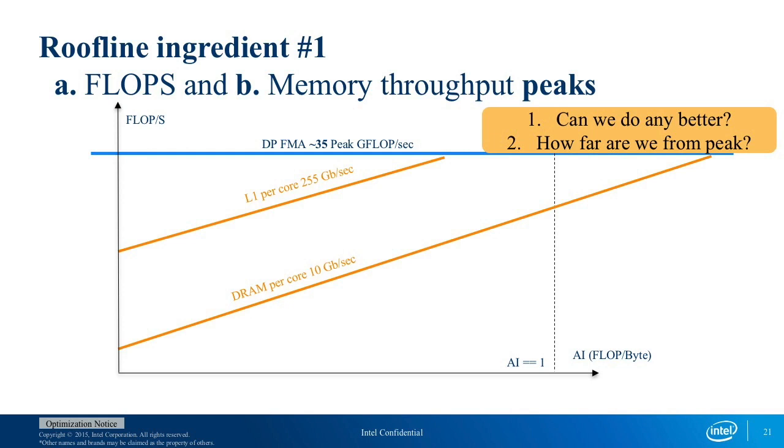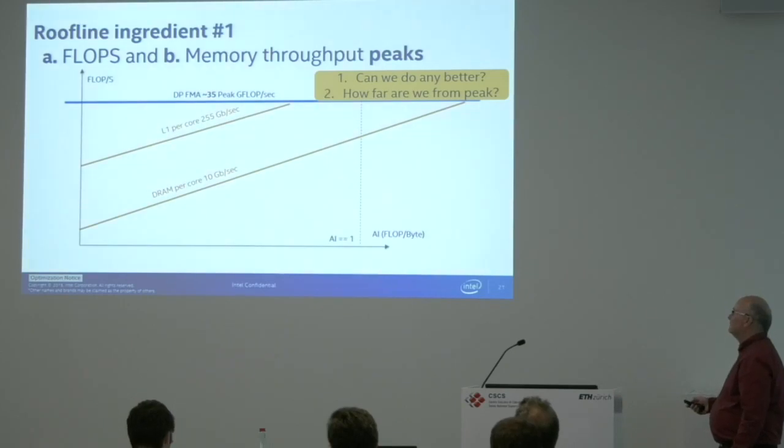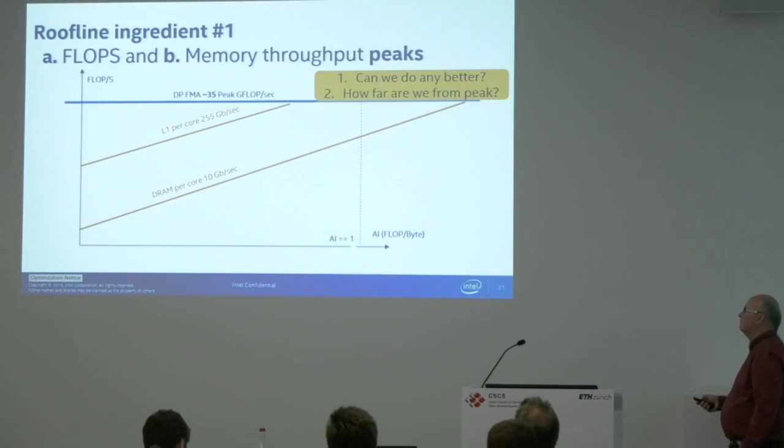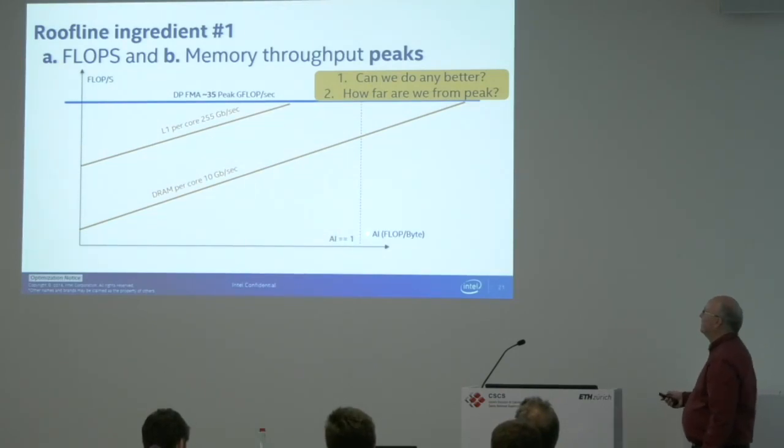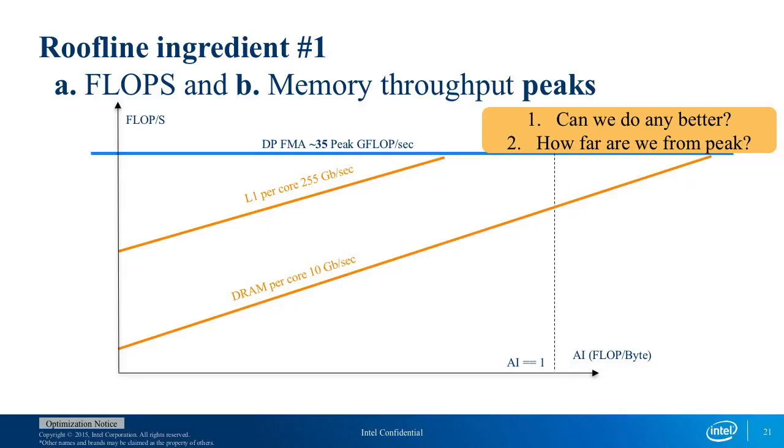And you have the L1 per core performance, which is much higher, and you can reach much higher performance. For example, if you have an algorithmic intensity of 1 and 10 gigabytes per second, then we should end up here at something like 10 gigaflops. So it's just the flops divided by bytes, multiplied by bytes divided by seconds.